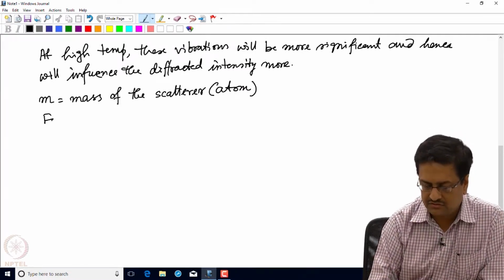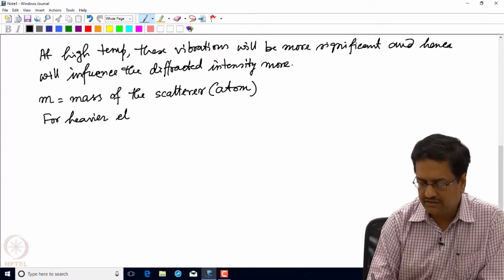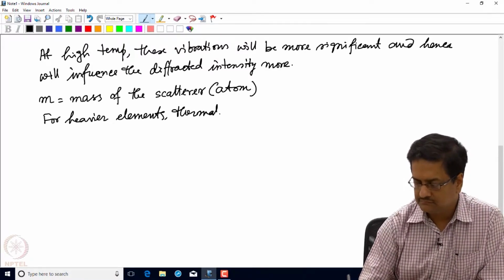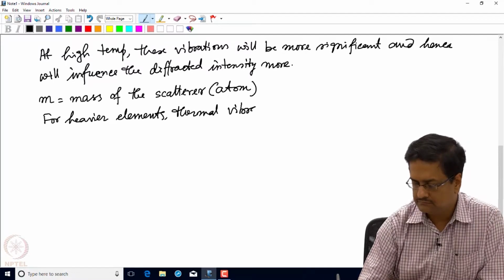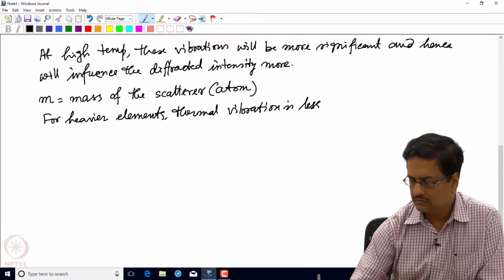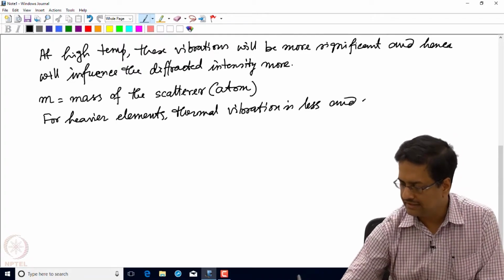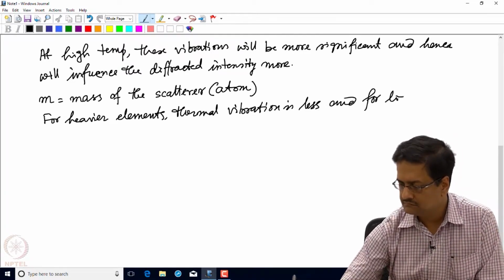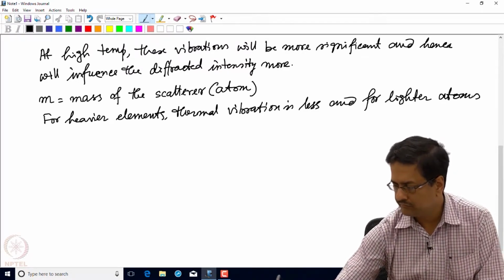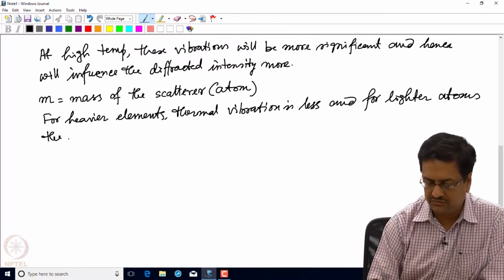So for heavier elements, thermal vibration is less, and for lighter atoms, the thermal vibration is more.